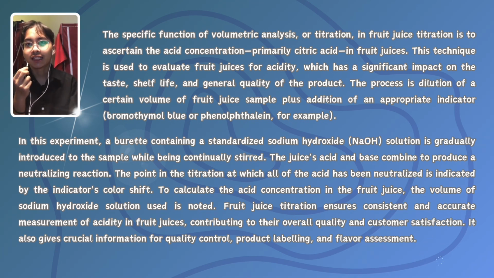The juice acid and base combine to produce a neutralizing reaction. The point in the titration at which all of the acid has been neutralized is indicated by the indicator's color shift. To calculate the acid concentration in the fruit juice, the volume of sodium hydroxide solution used is noted.